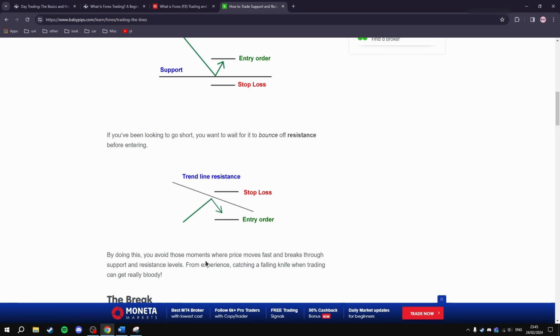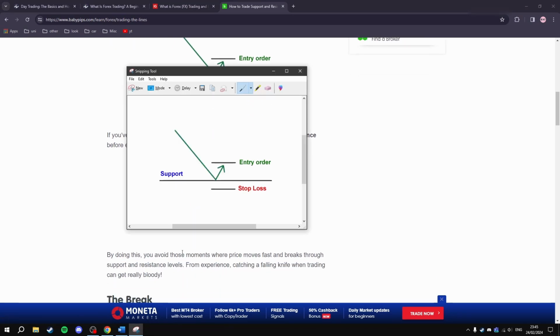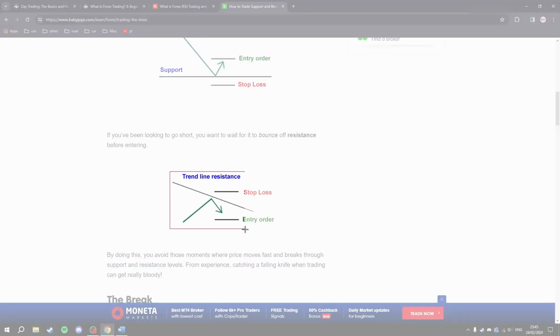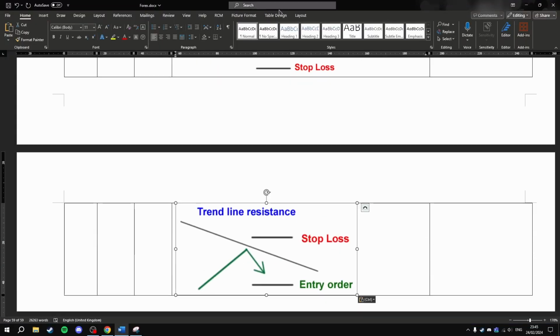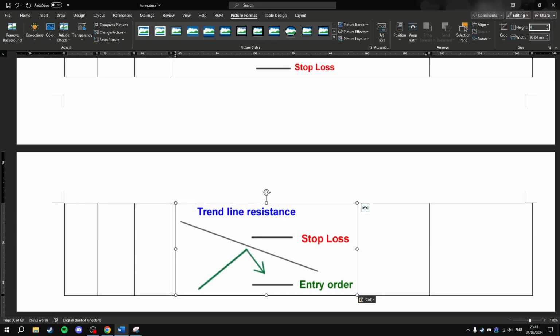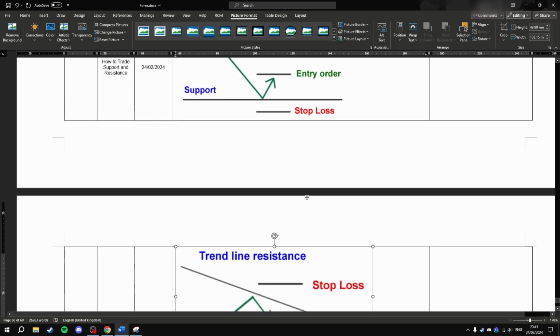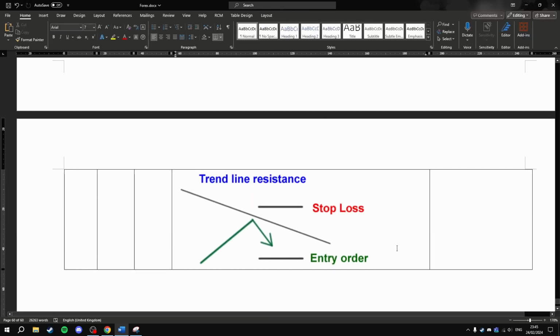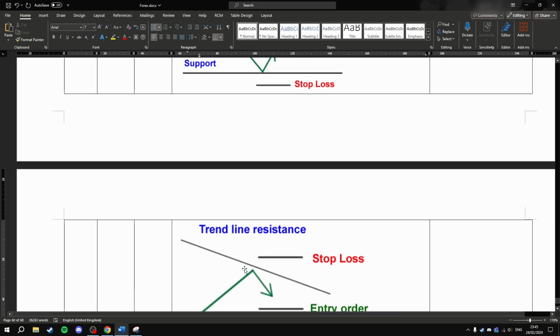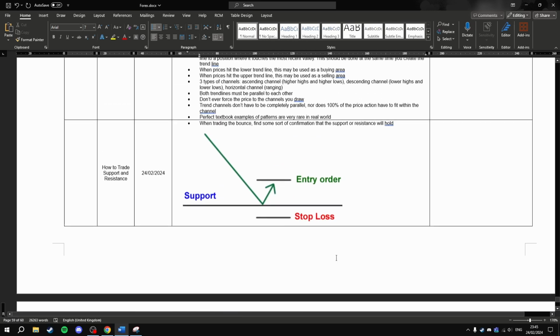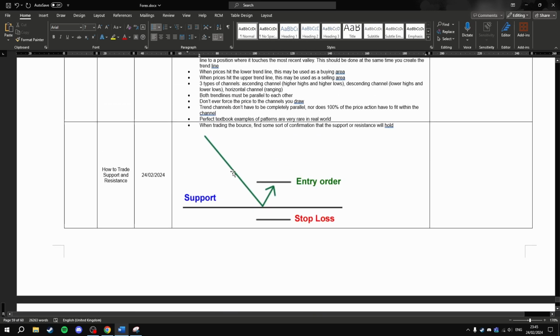This is going short. You can see a stop loss as well right here in case it actually goes whoop instead of bouncing back, and a stop loss here in case it goes whoop instead of bouncing up.